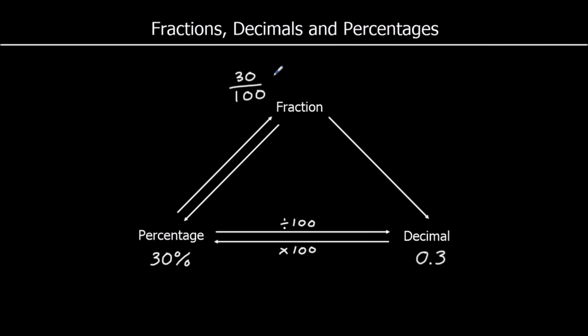And I can simplify this fraction. The top and bottom are both in the 10 times table. So I've got 3/10. So to convert a percentage to a fraction, we can rewrite over 100 and simplify.